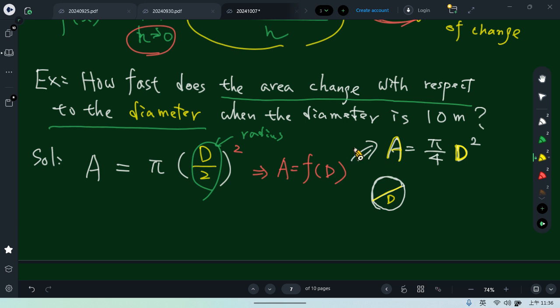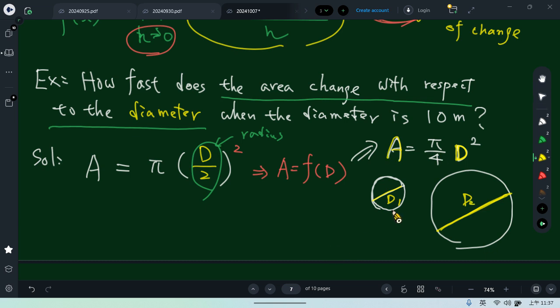Only D, one single variable, can determine A, because pi and 4 are constants. They will not affect A because they will not be changed. But D is possibly changed, right? So for example, if your circle becomes bigger, that means D becomes larger. This is D1, this is D2.